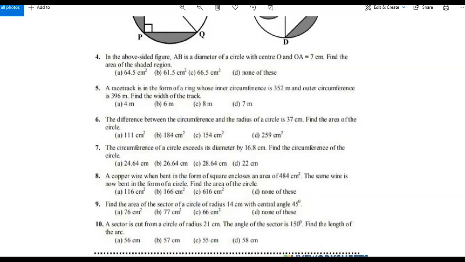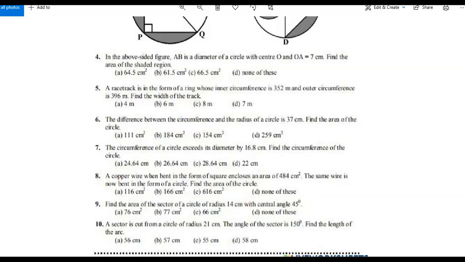It is given, and you need to find the value of πr². You can easily calculate the value of r from this. Take r as common, and you can write (2π minus 1) r is equal to 37.